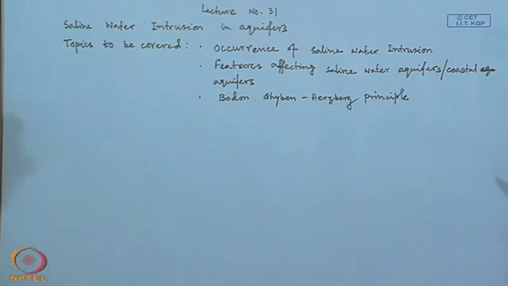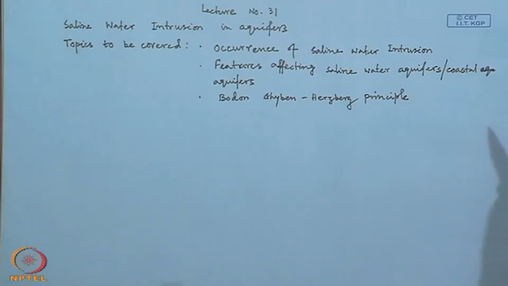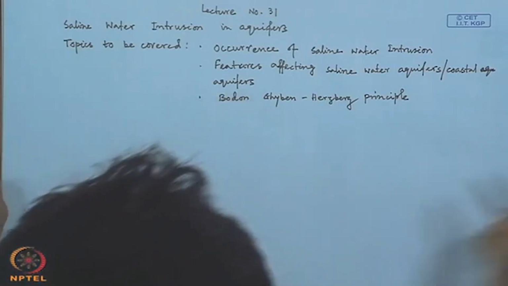So, first thing, what is this saline water intrusion? Saline water intrusion is defined by Fries and Cherry as the migration of salt water into fresh water aquifer under influence of groundwater development.